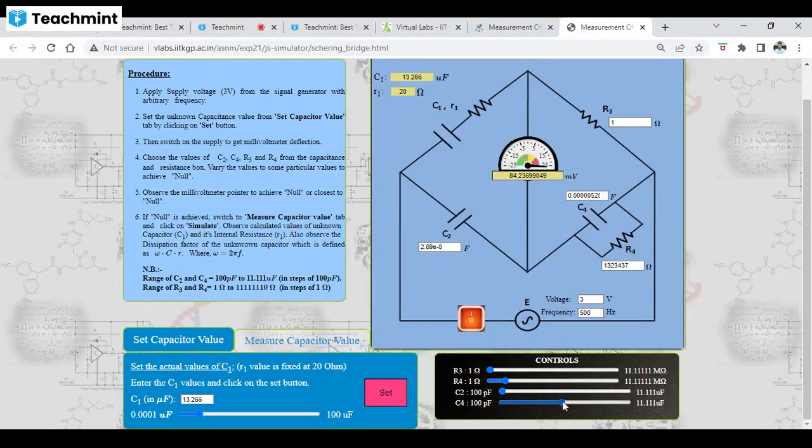Setting the values from here to get the null position of this pointer.